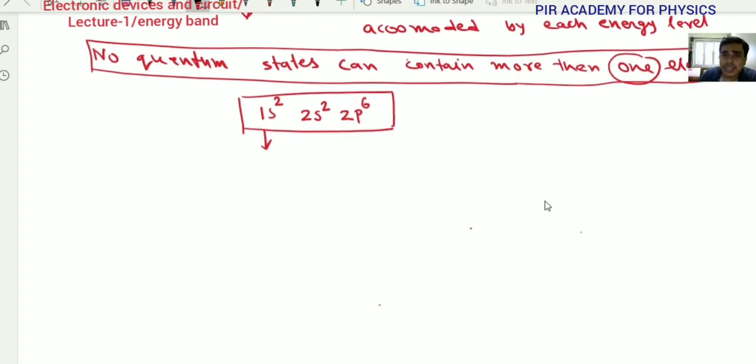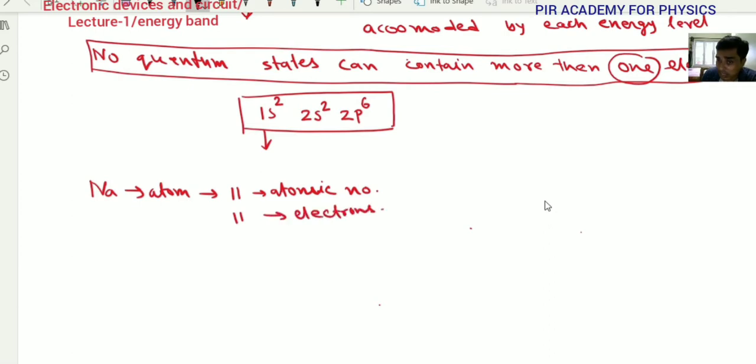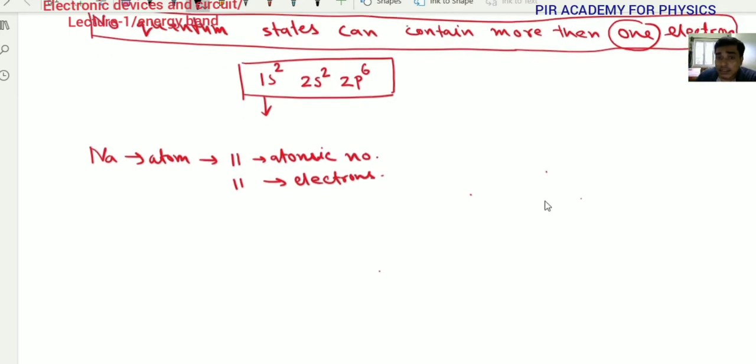If I take the sodium atom, it has atomic number 11, that means it has 11 electrons.